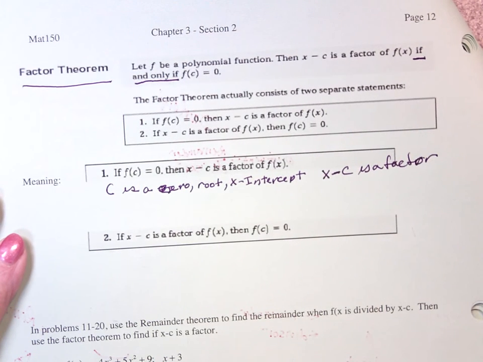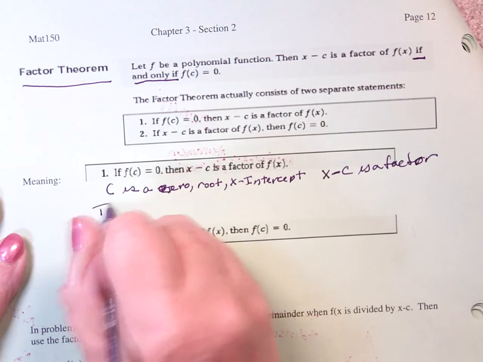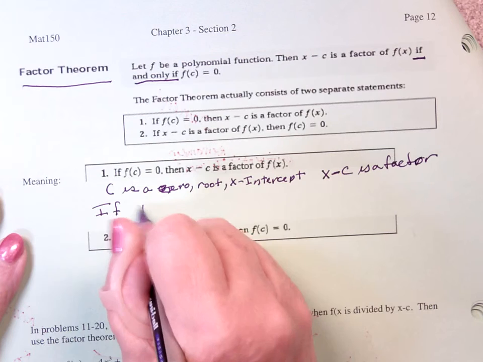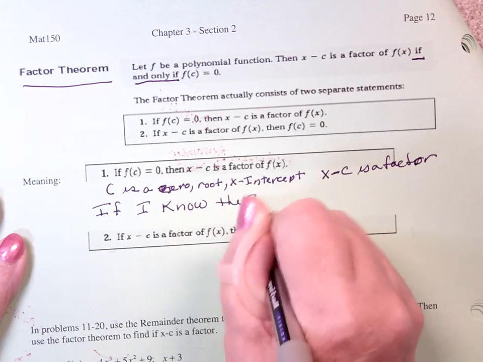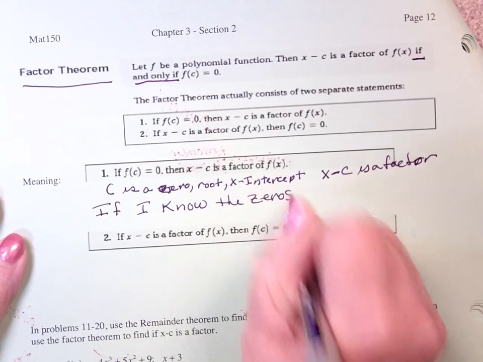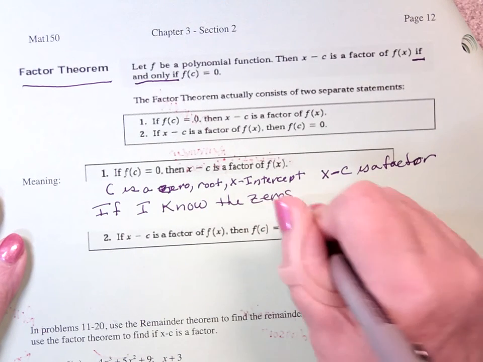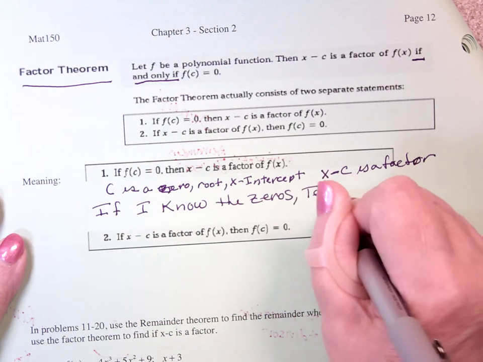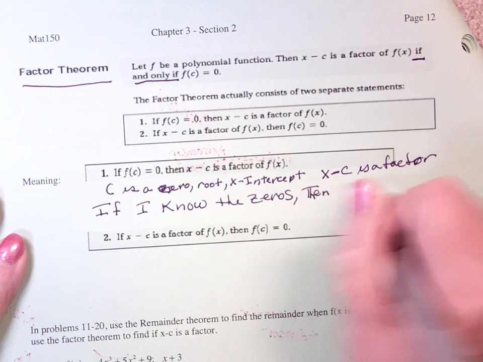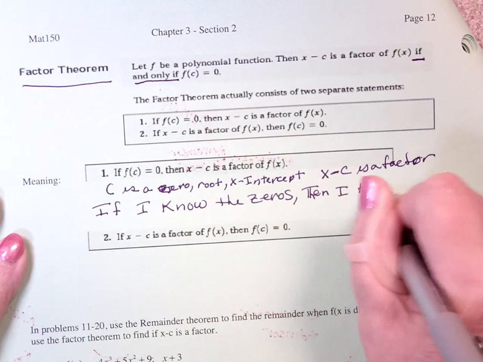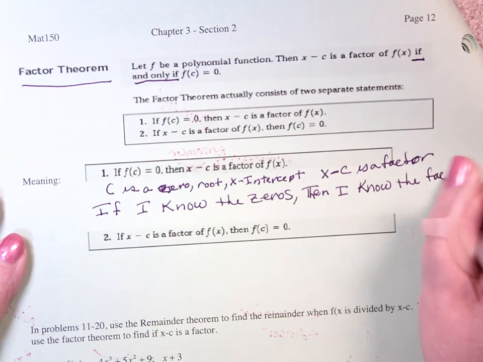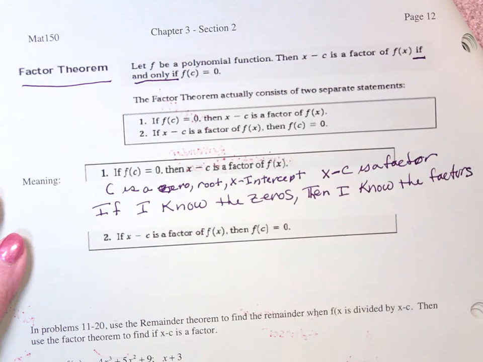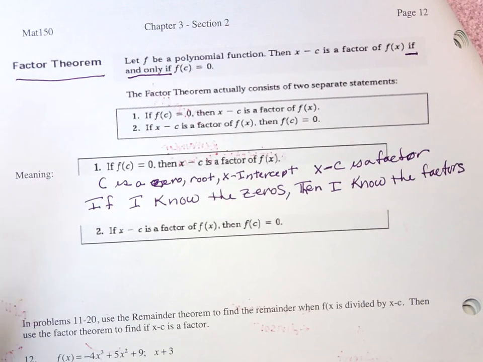And it's something we've already done. We did it with the multiplicity. This says if I know the zeros, then I know the factors.